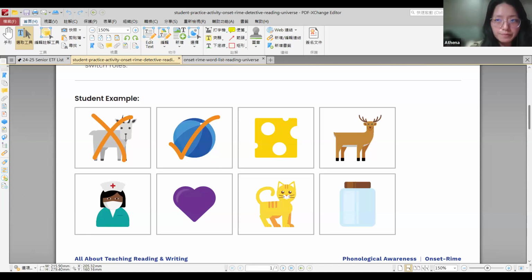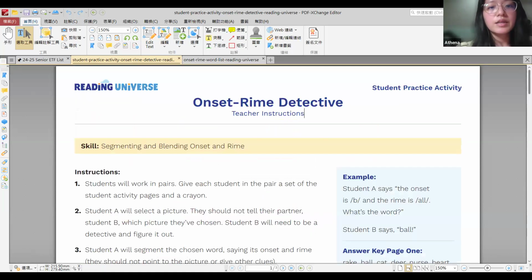So these are the worksheets you can use, something like that. Students can practice and take a look at the PPT slide.